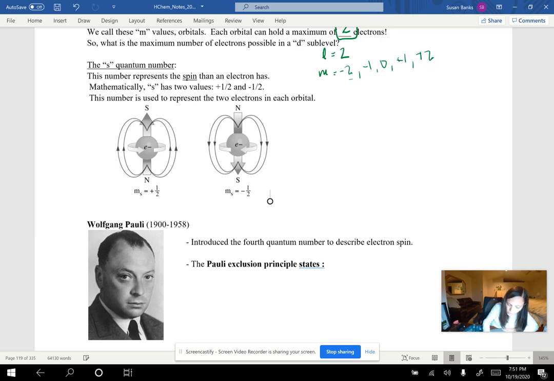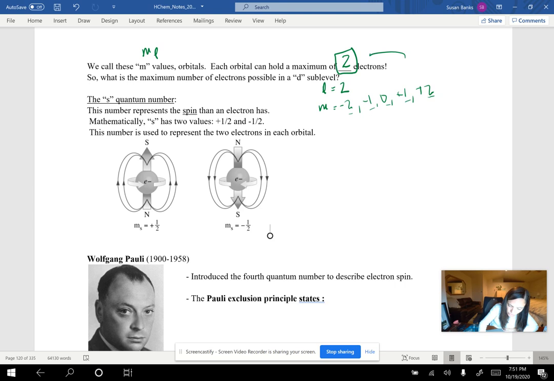I have 1, 2, 3, 4, 5 orbitals. And if each orbital can hold 2 electrons, 5 orbitals times 2 electrons per orbital gives me 10 electrons that I can hold in my d block.